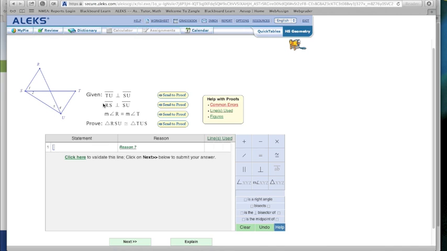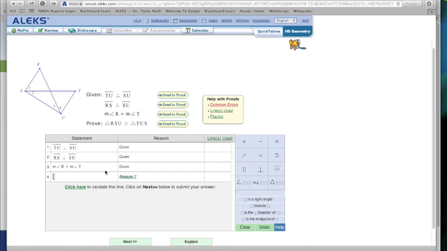The first step in any proof is to put the given information into the first statement. So I'm going to go ahead and enter that given information into the first statement. And then I'm going to immediately concentrate on segment SU. Since segment SU is something that both triangles share, I can type in segment SU is congruent to segment SU, and the reason for that is the reflexive property.